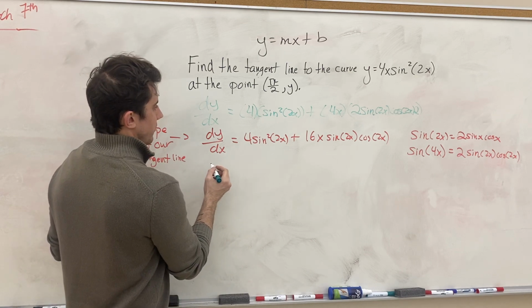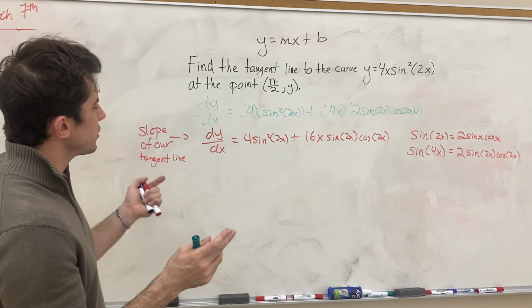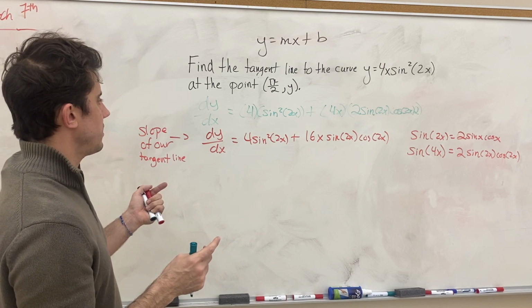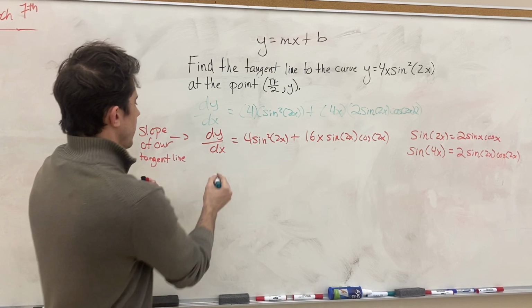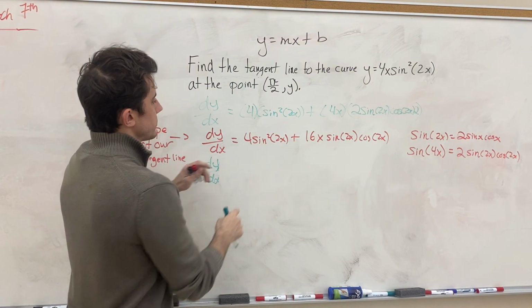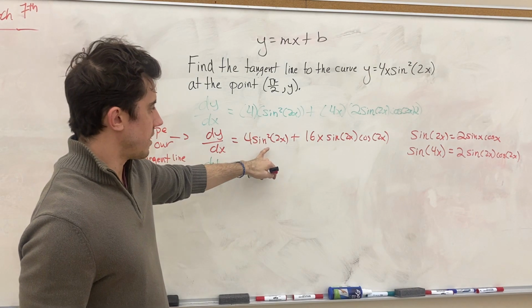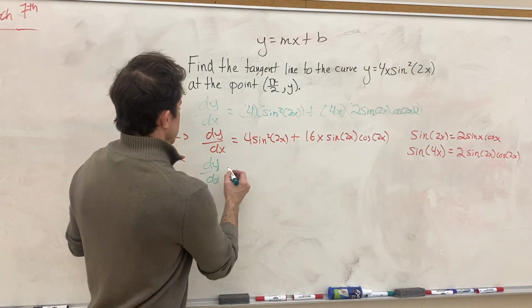So let's simplify this down a little bit. Actually, maybe we can just leave it like that. I mean, we could factor. Yeah, let's factor it. So we have dy dx, and both terms have a factor of 4 sine 2x, right? So let's factor that out.